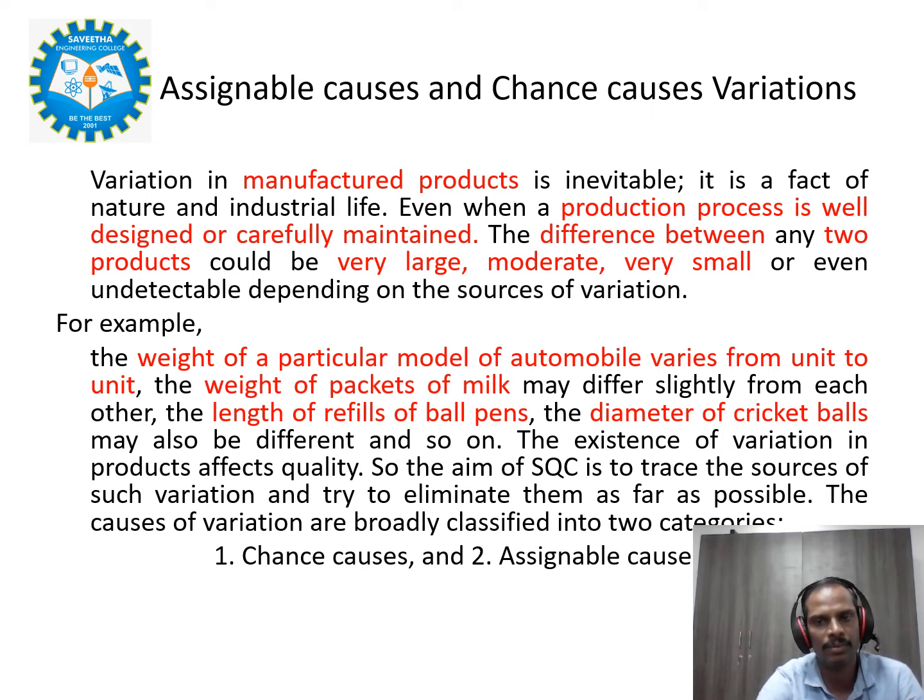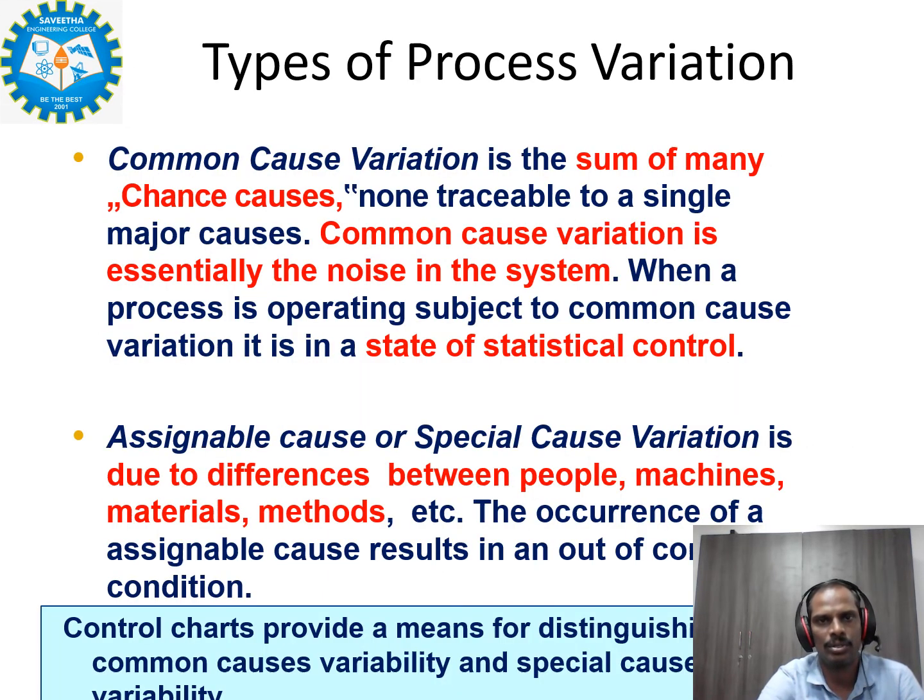For example, the weight of a particular model of automobile, the weight of packeted milk, the length of refill pens, and the diameter of a cricket ball. So these variations are mainly found, and based on that, the causes are separated as assignable or chance causes.